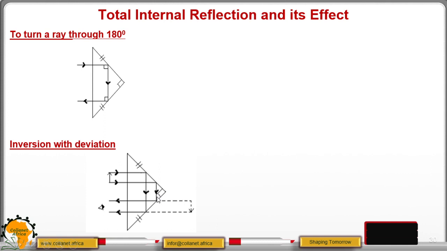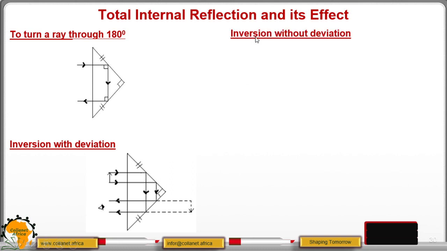Again, on this part, there is total internal reflection, and on this other part, there is also total internal reflection. So you as the viewer, if you place your eye here, whatever you see is an image that is inverted. So we say that here we have inversion with deviation.